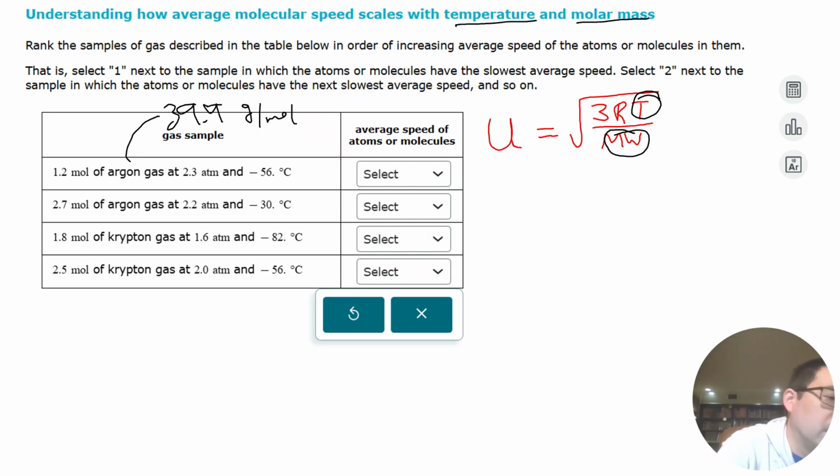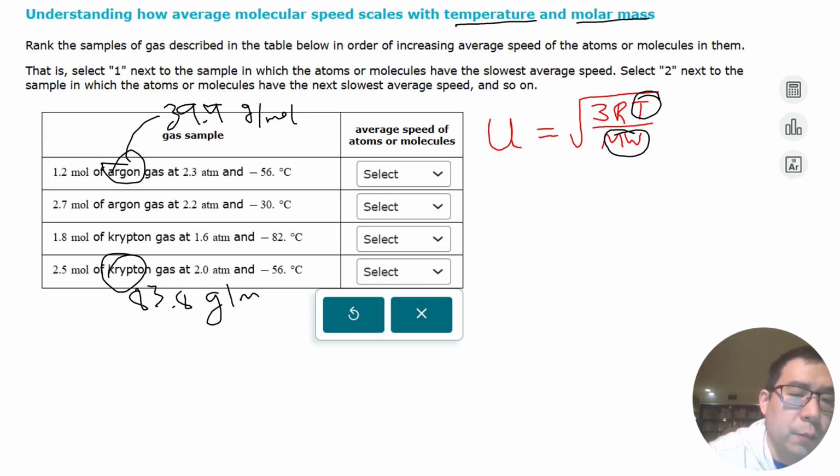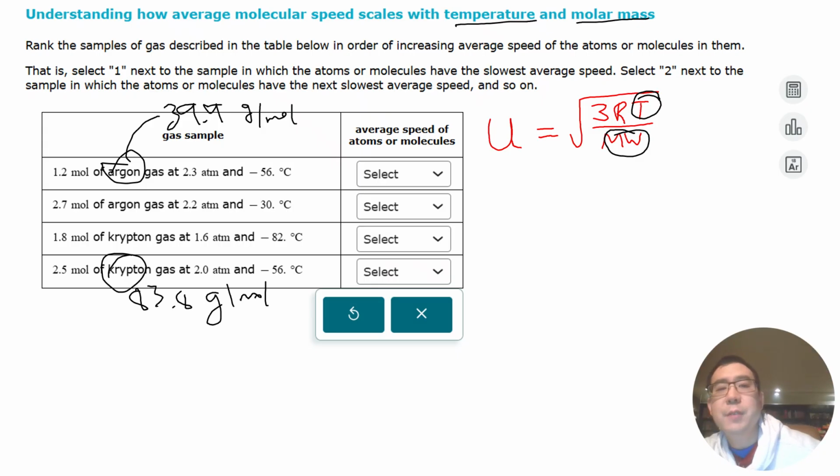It's, let's see, 83.8 grams per mole. So if they're at the same temperature, then the one with the bigger molecular weight, or the bigger molar mass, moves slower.